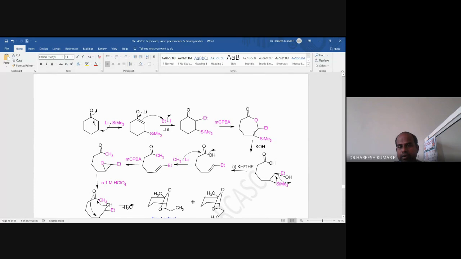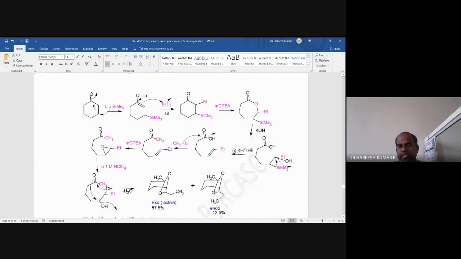Then when this moiety is treated with potassium hydroxide, what will it do? It will cleave. How will it cleave? OH can attack this carbon. When OH is attacking this carbon, this bond pair picks up a proton, and that is how a product is obtained.